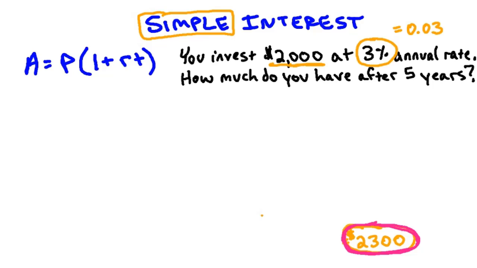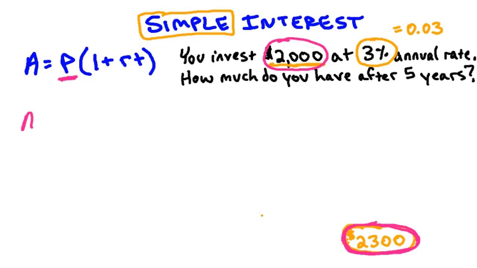Okay, now let's go back and let's do this problem again, but let's use the formula this time. A equals principal times the quantity of 1 plus R times T. So your principal, the P in this formula, is going to be how much you invest at the beginning, which is $2,000.